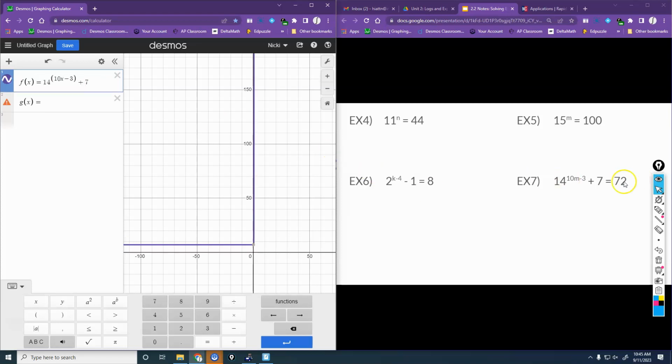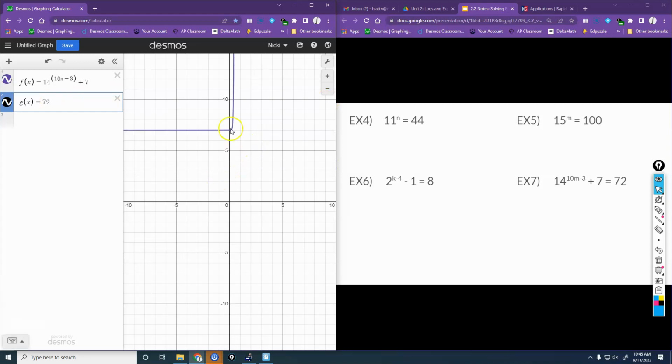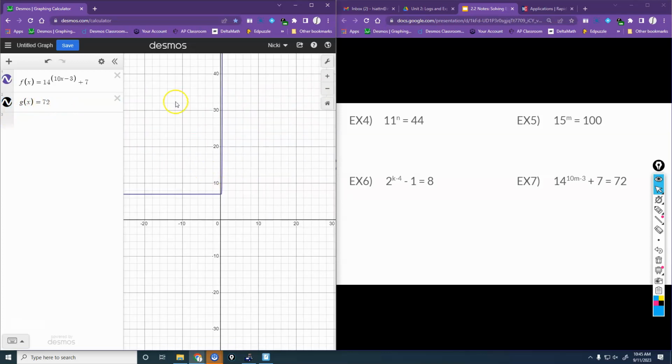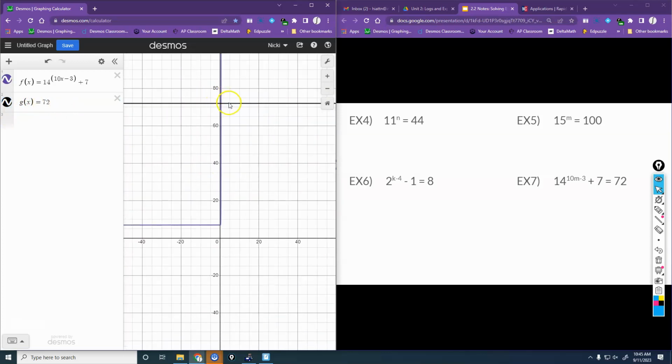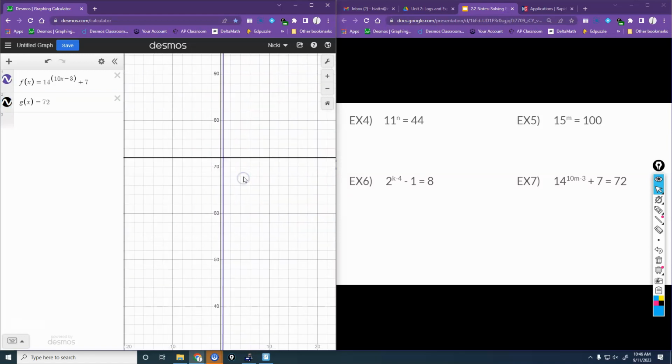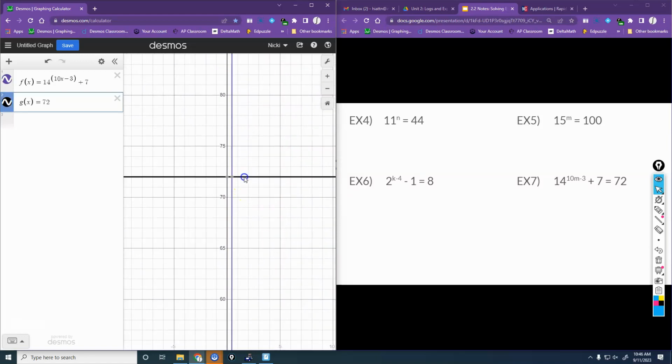Everything on this side of the equal sign goes here. It equals 72. We put it here. Now, at first it's going to look like you don't have anything that crosses, but let me zoom way on out. There we go. They cross. I probably need to zoom in a little closer because it's so close to the y-axis, to make sure I'm getting the right number. 0.458 is going to be my answer.